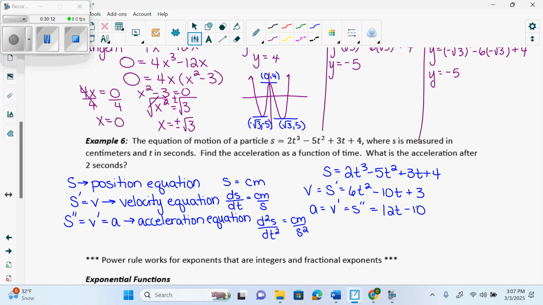So that is the acceleration as a function of time. What if they want it at 2 seconds? Well, that just means they want a of 2, which is 12 times 2 minus 10. So it would be 24 minus 10, which is 14 centimeters per second squared.